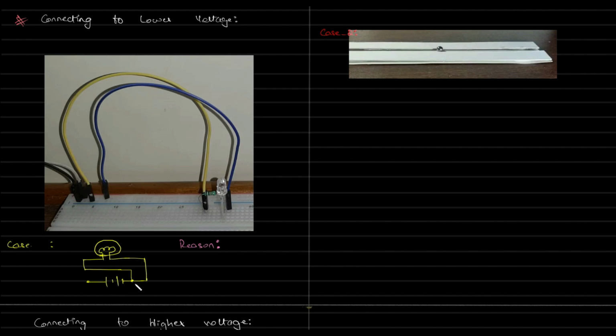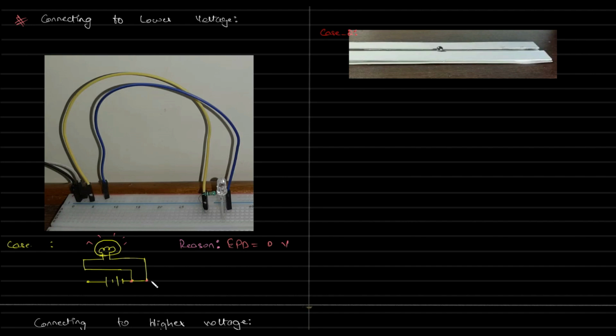When you connect the two terminals to the negative end, both are at the same potential energy, so the potential difference is 0. And so you don't have any voltage difference. Since the voltage, the electrical potential difference, is 0, the bulb will not glow.